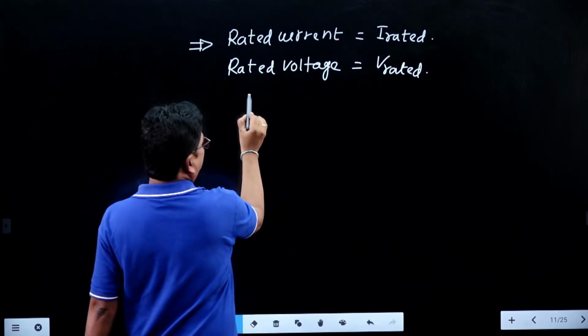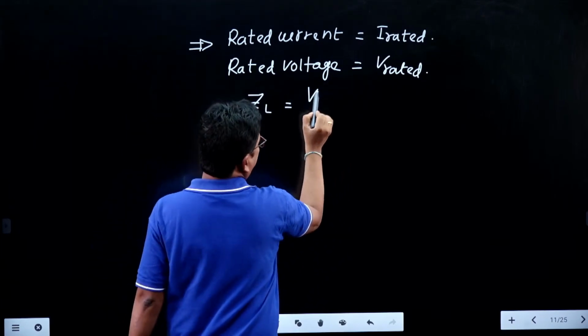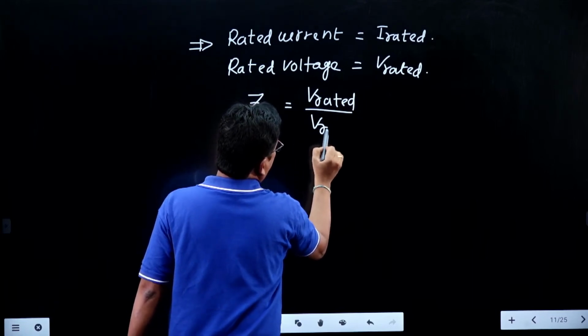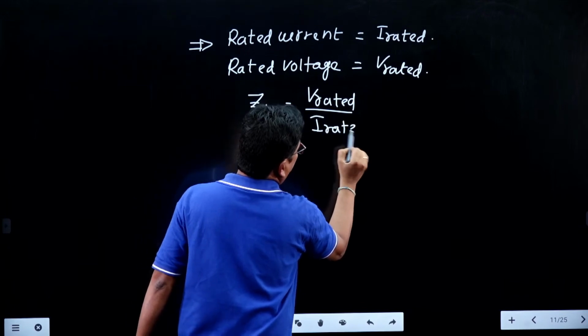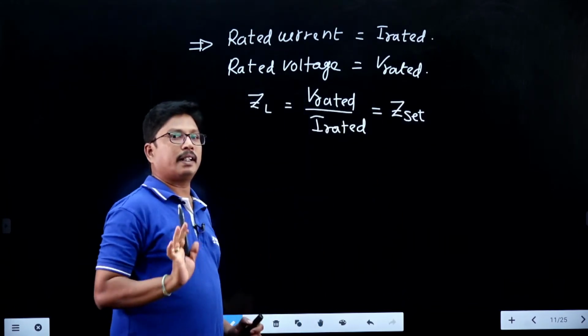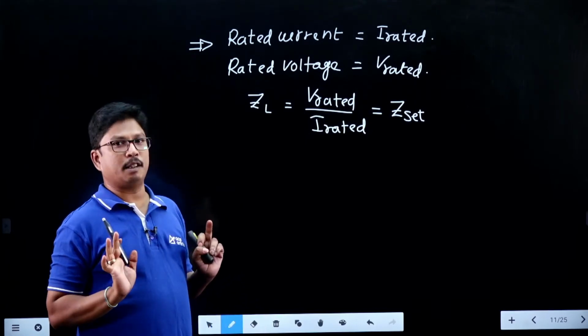Now, if you see the line impedance, what is the line impedance? The line impedance is the rated voltage divided by the rated current, I rated. And we are calling this the set impedance of the relay. So whatever the impedance of the line we are having, that impedance we are calling the set impedance.